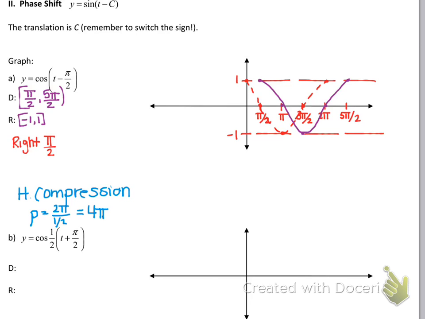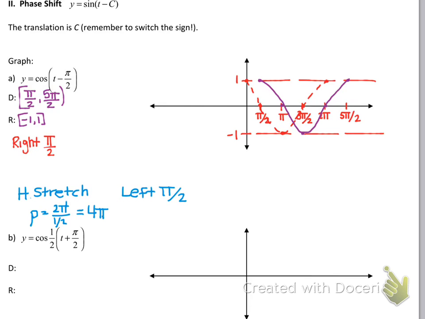Oh, I'm sorry, that's a horizontal stretch. I was looking at the wrong problem. I was looking at the next one. Horizontal stretch. And then we have a horizontal shift, and we went left pi over 2.